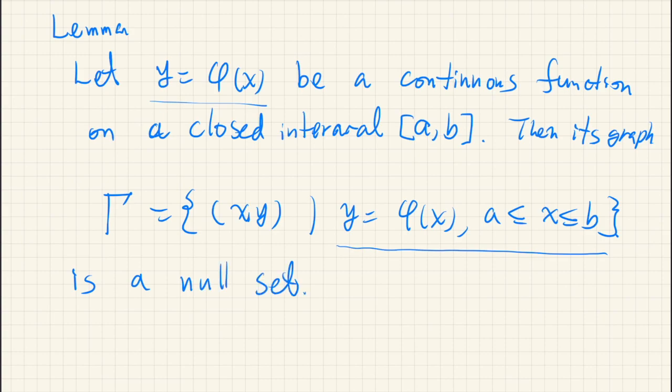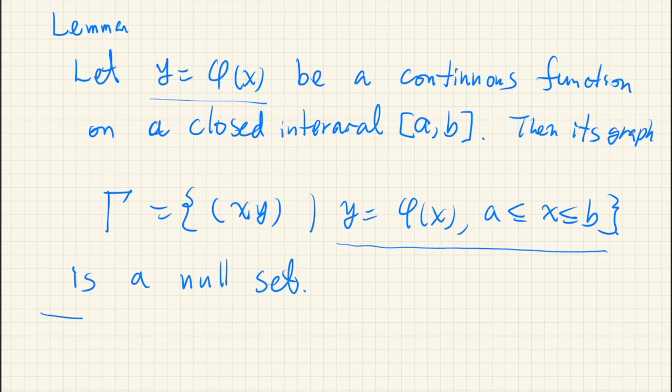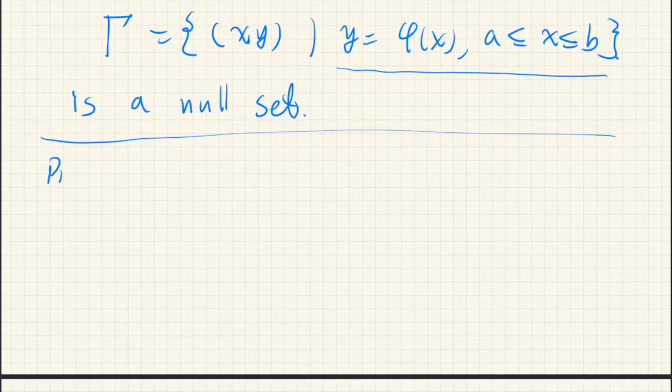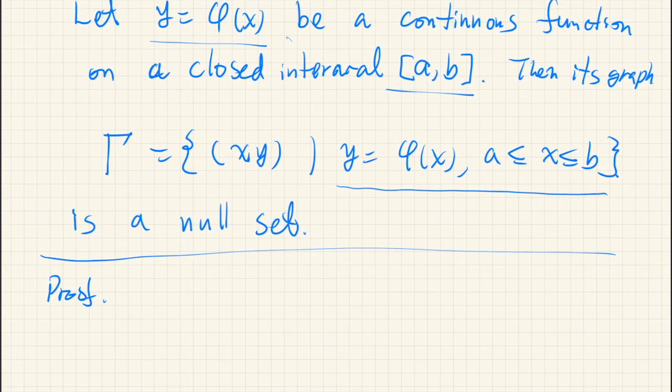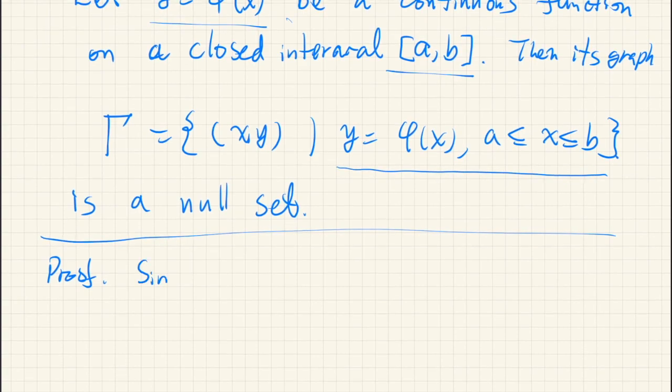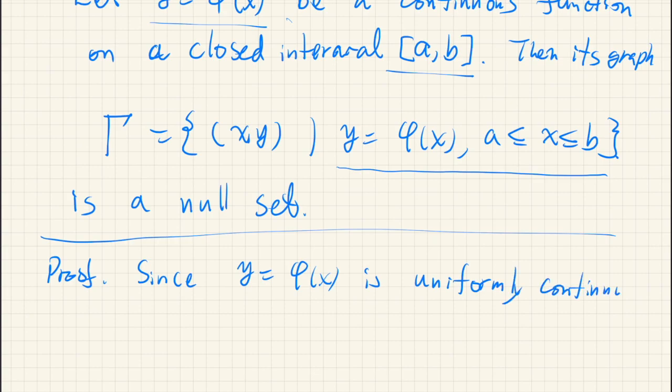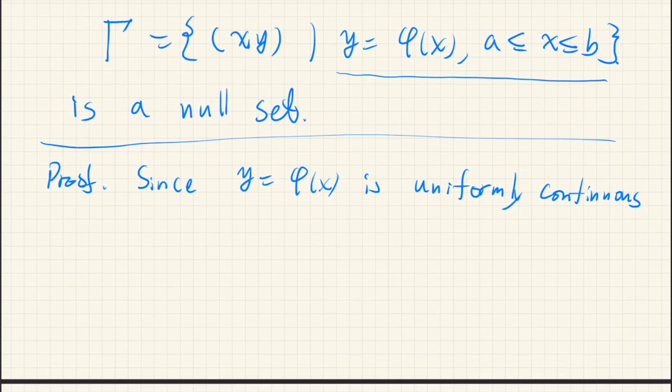Now let's try to prove this. Okay, so the proof. First of all, this is a continuous function defined on a closed interval. Therefore, it is also uniformly continuous. Since y equals phi of x is uniformly continuous, according to the definition of uniform continuity, we have the following.